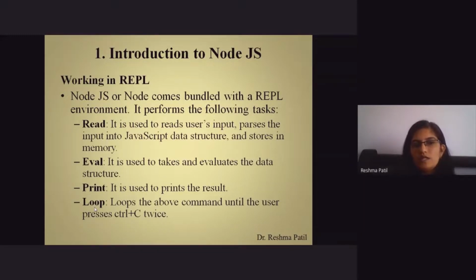Again it will show that arrow. It loops the above command until the user presses Ctrl plus C twice. So read, here we are taking input, then here we are going to evaluate that, and here we are going to print. After every time there is a sign coming, the arrow sign, that is called a loop.